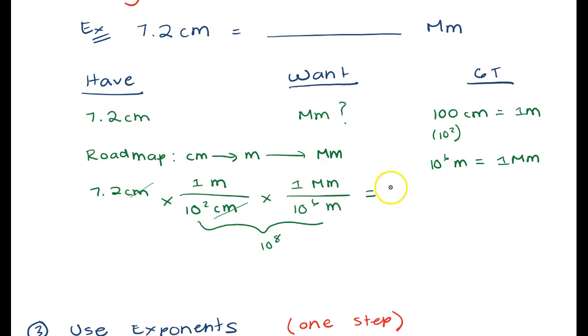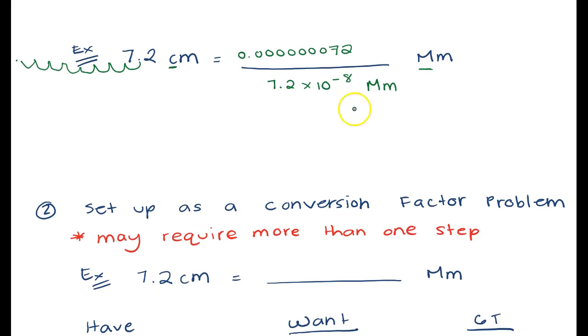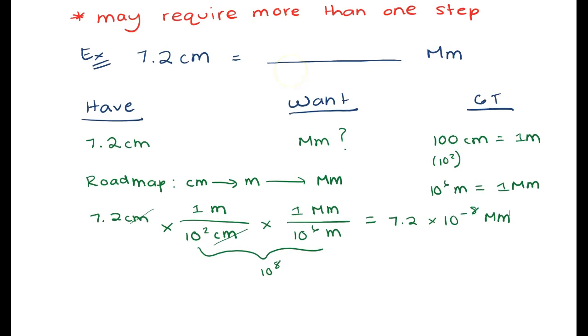So my final answer is going to be 7.2 times 10 to the negative 8 megameters, because I am dividing by 10 to the 8. If we go back up, we see that we got the exact same answer. We just set it up in a slightly different way. This requires more than one step, but it breaks it into more manageable pieces.